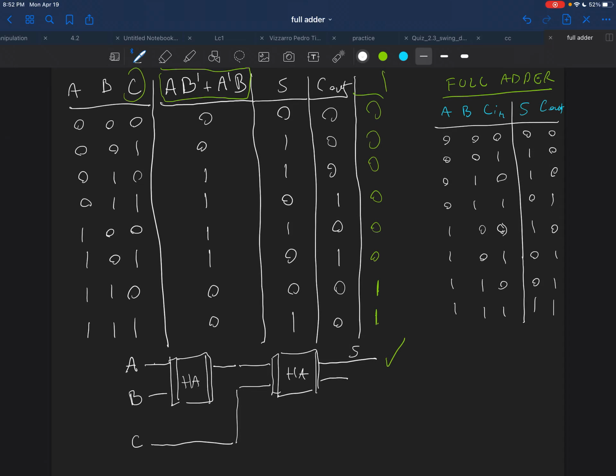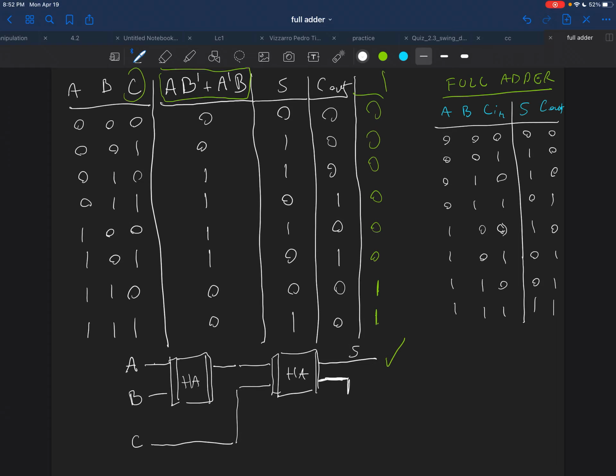We're very close with that Cout, and that Cout is here. Let me just highlight it, this one. Let's see, actually, what is this Cout? If we think about it again, that's the Cout from the half adder operation.